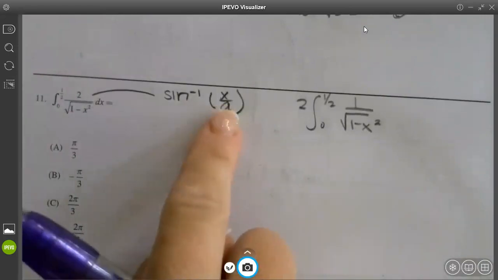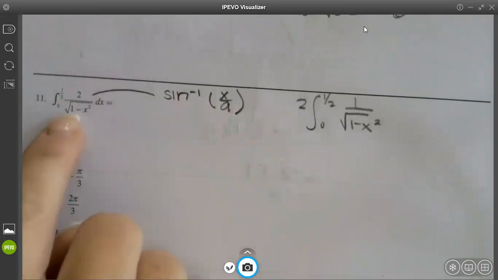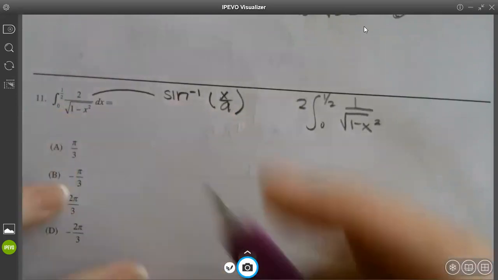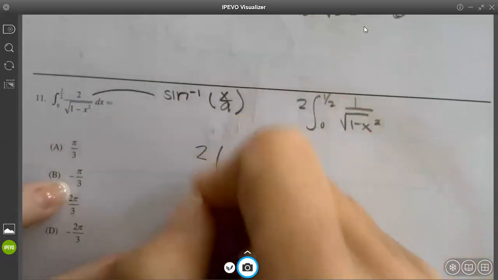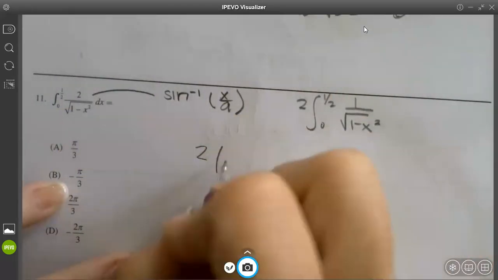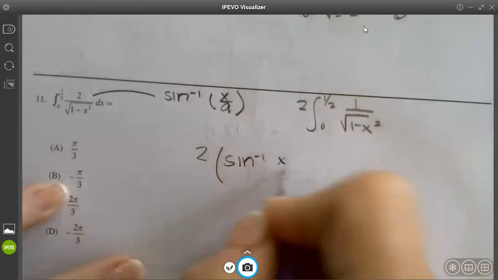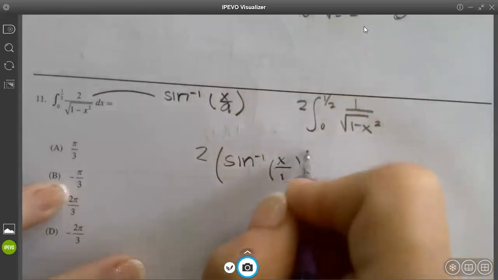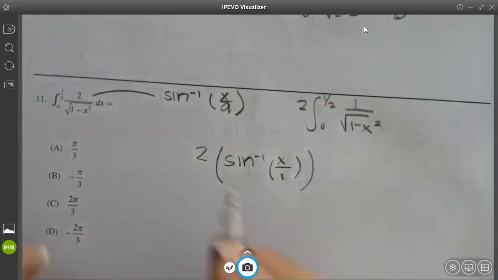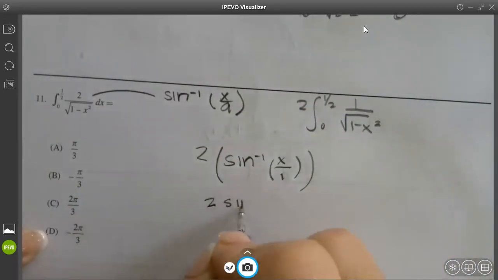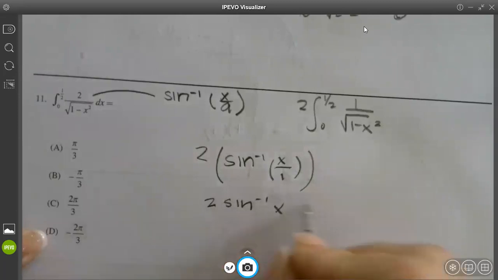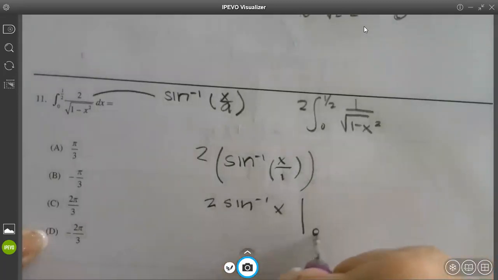Remember that a is your square root of the number under your radical. So what's the square root of 1? 1. So we have 2 times sine inverse of x over 1, or just 2 sine inverse of x from 0 to 1/2.